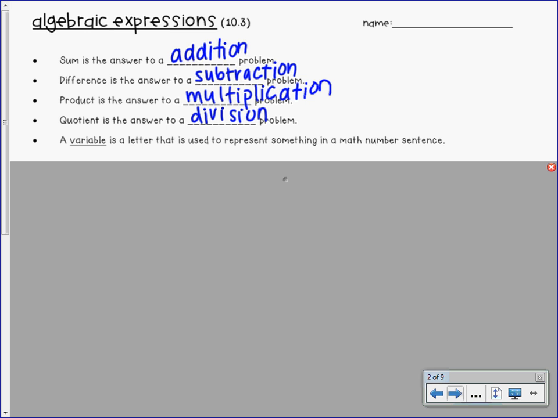When you have a number sentence, what do you normally have inside that number sentence? You have your numbers that they give you, but what else, Lincoln? A variable. Okay, and what do we use to show that this is a variable, we're not sure what this is, but we're going to try to figure it out? Ashton? A letter.